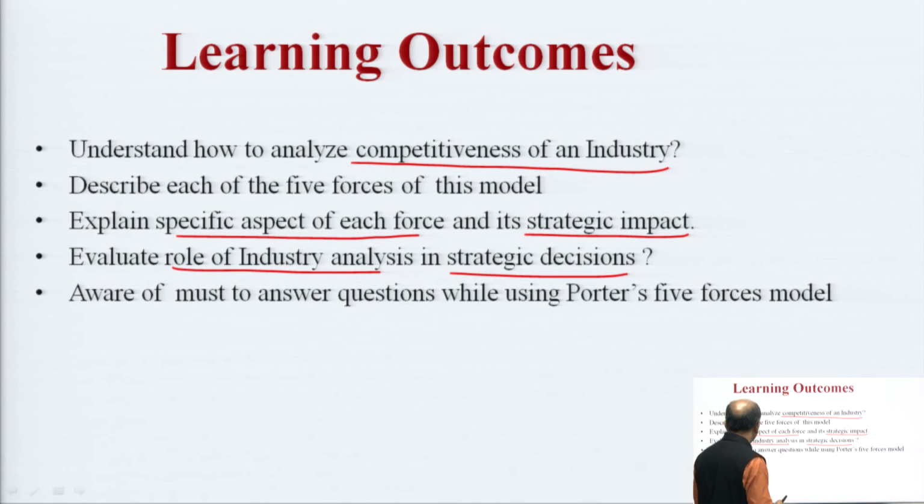So you will be able to understand the role of industry analysis, and finally you will be able to know those 5 important questions that one must answer if somebody wants to use Michael Porter's 5 forces model.